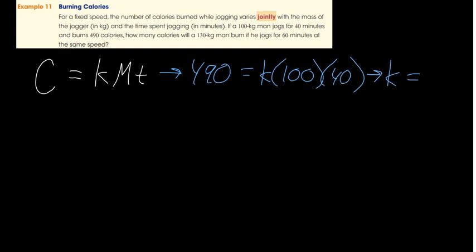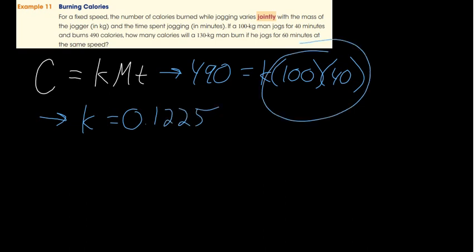Let's put this on a line beneath it. So this means that K is equal to 0.1225. Okay, that makes sense, right? Because this is 4,000, and 490 divided by 4,000 is not going to be a number greater than 1. But anyways, so that's K.